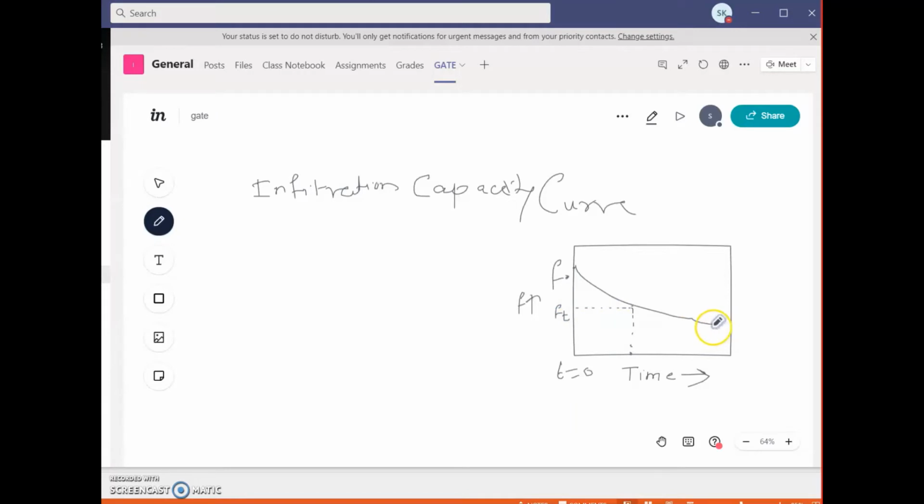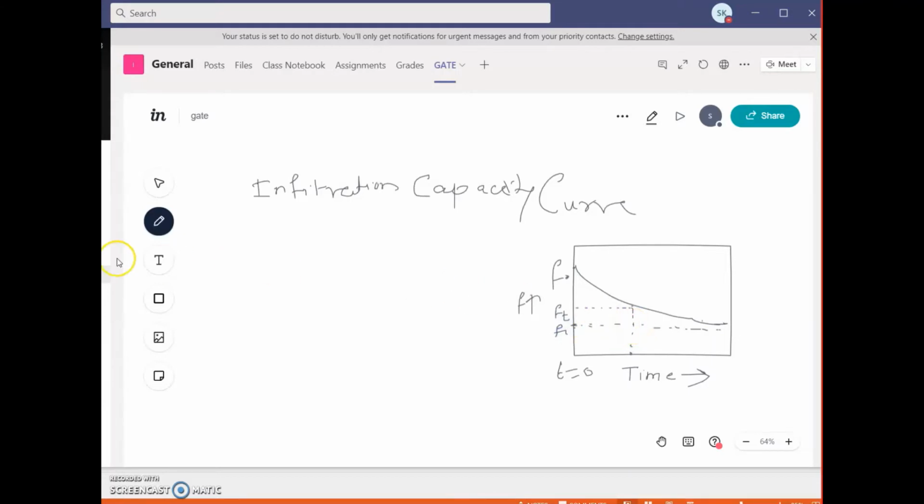But there is a constant infiltration rate we are observing here. From this, the line is just constant, so there is no decrease or increase in the infiltration rate. We can just draw this straight line, and this particular point is fc, so I will mention fc here.